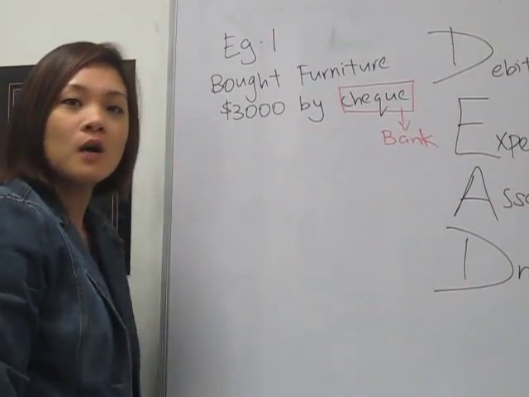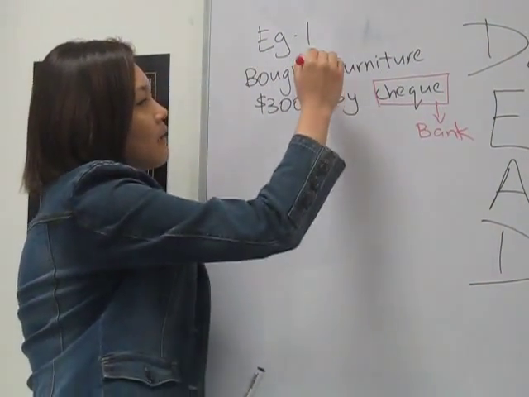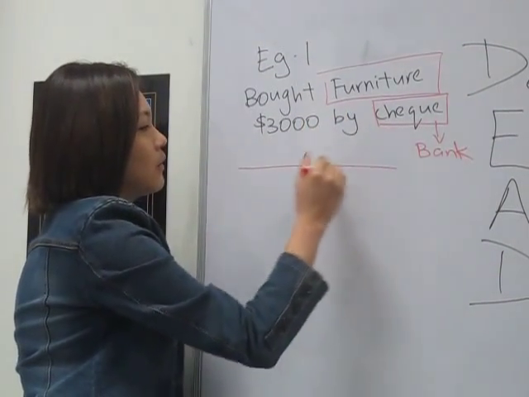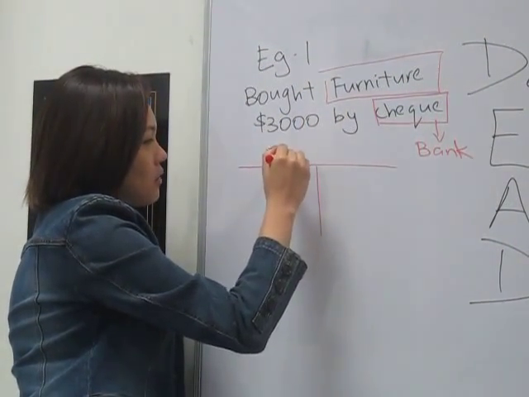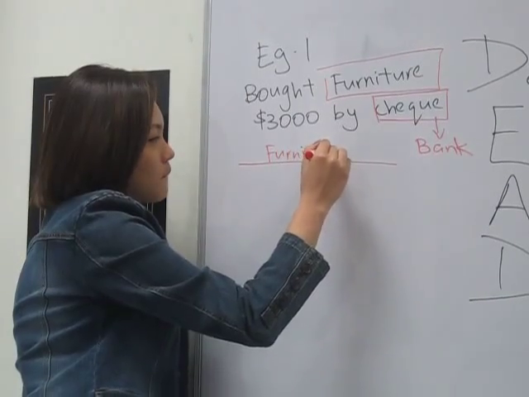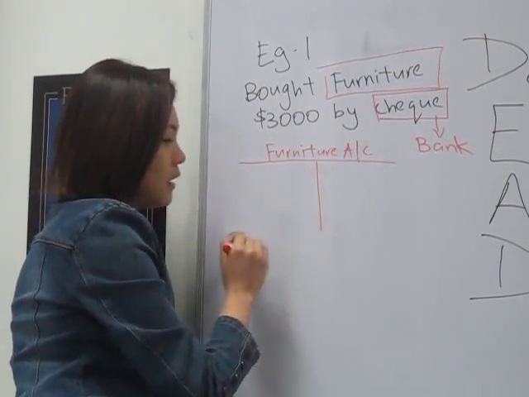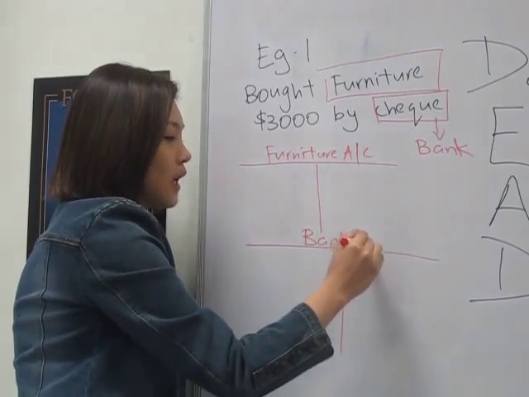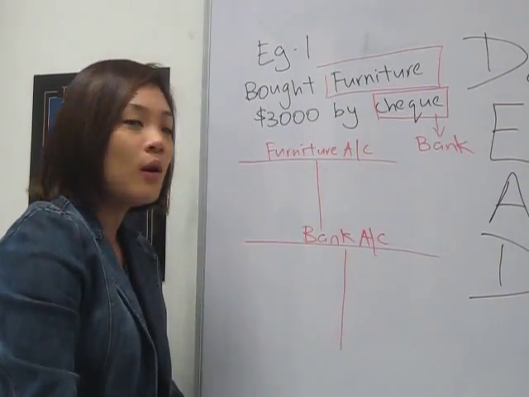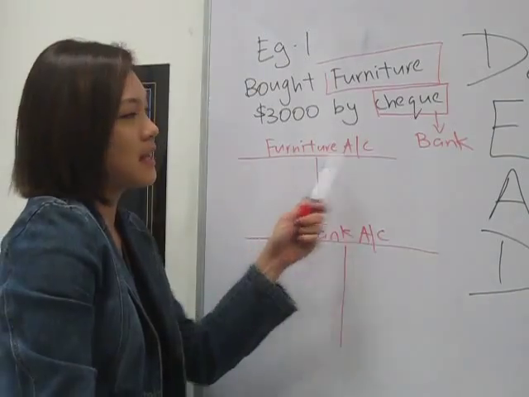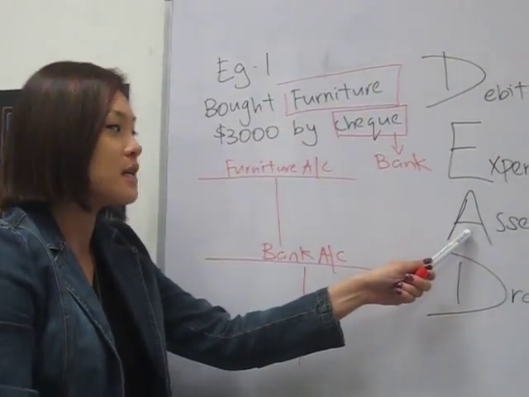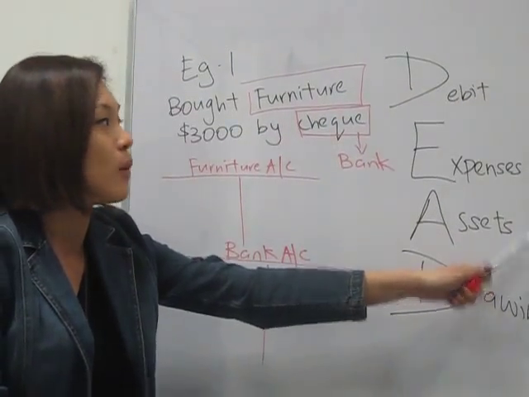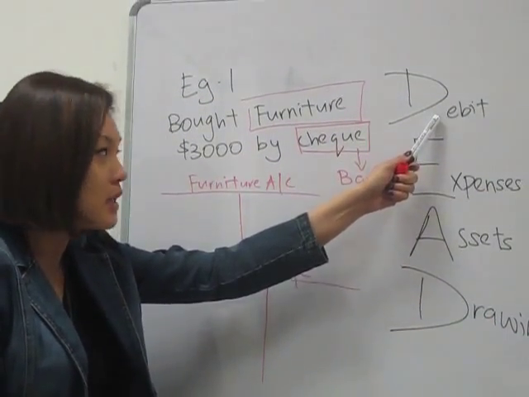So the two accounts we will open here will be the furniture account and the bank account. Furniture is an asset, a fixed asset. When an asset increases, we will put it on the debit side.